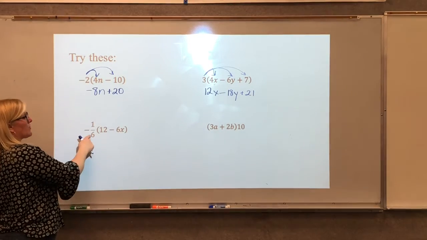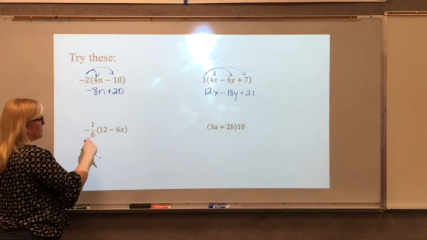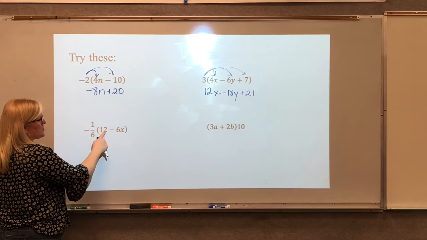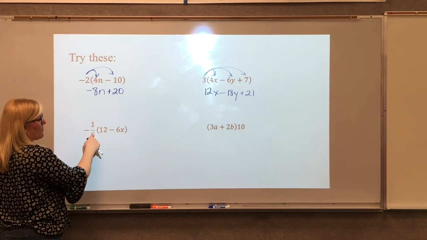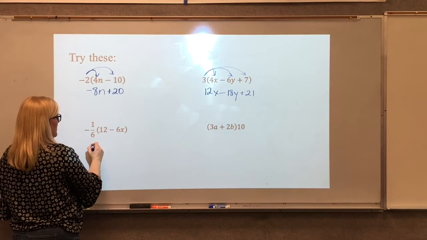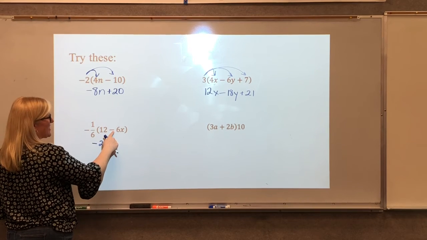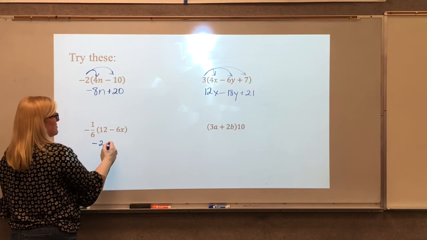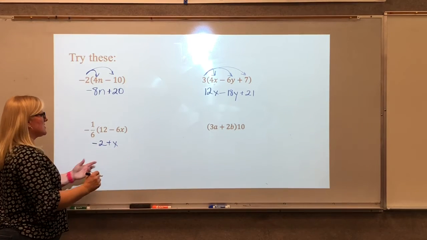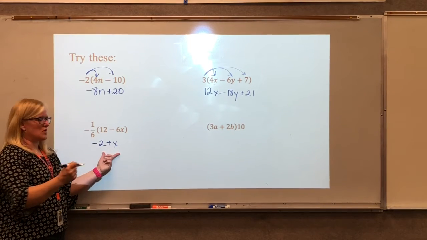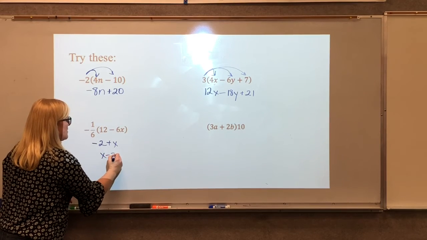Down here, again, I threw in another fraction for you. Negative 1/6 times 12 is the same thing as negative 12/6, so we have negative 2, and then negative 1/6 times negative 6x is just positive x again. And this is correct, but usually we see it written like this.